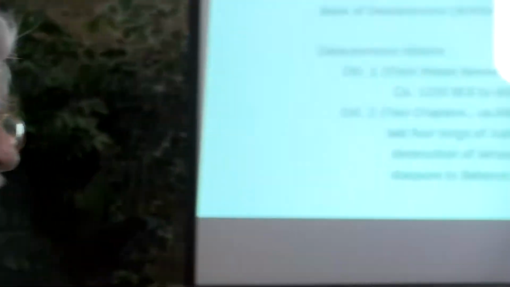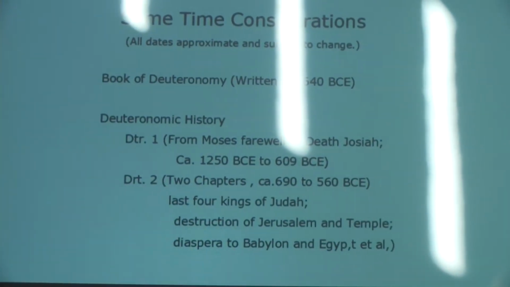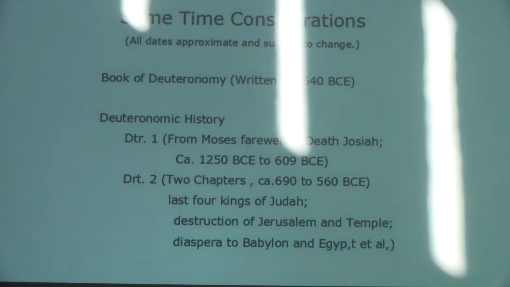What we find is that the Deuteronomic history that we have goes all the way from the time that the book of Deuteronomy comes into play, namely when Moses is talking to the Israelites about going into Canaan, all the way up to the death of Josiah, who was their king, who was killed.